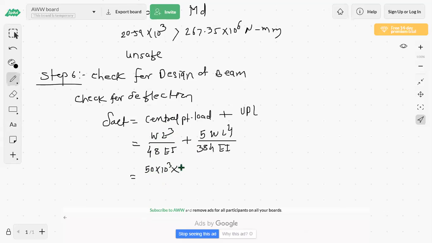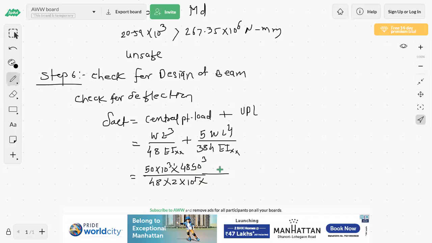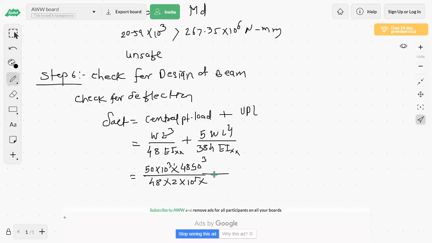Then length, the effective length, how much have we calculated? 4850 cube divided by 48 into EI, where E is 2 into 10⁵, and I is the moment of inertia about the x-axis, Ixx, that we have to take. What value of Ixx have we written in step number 2?